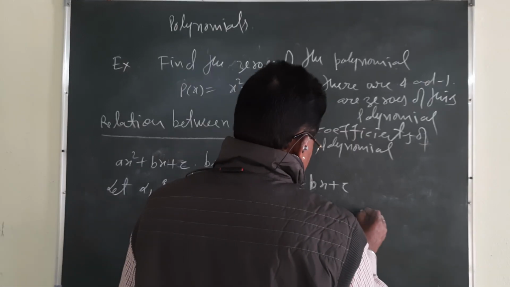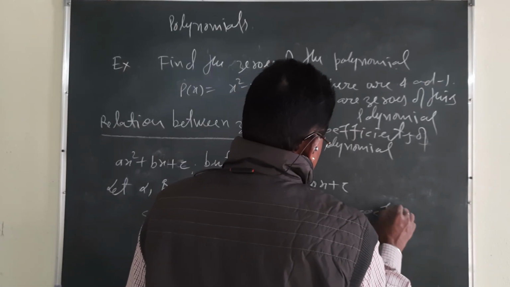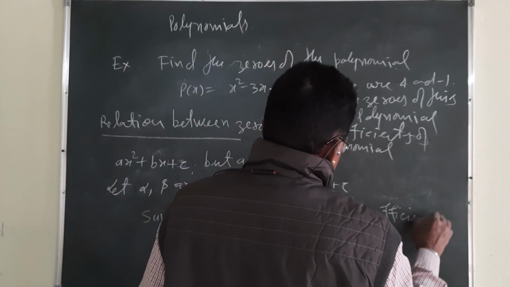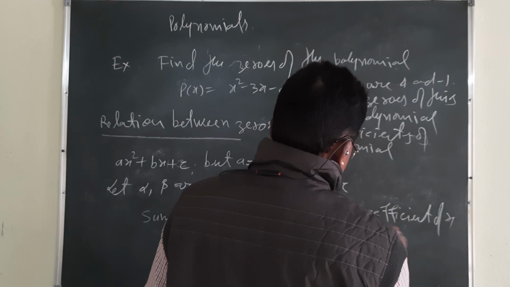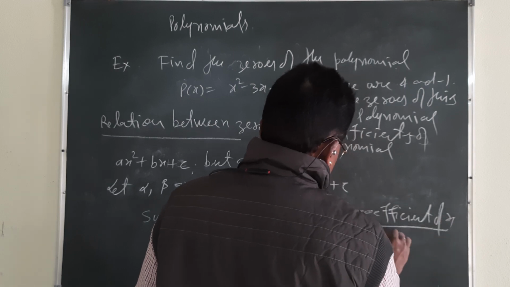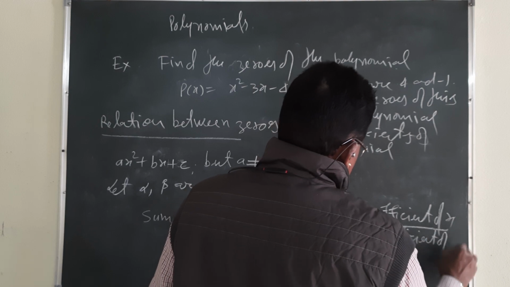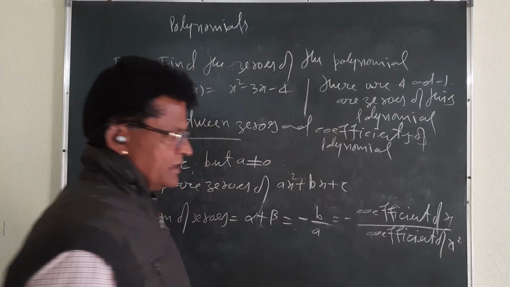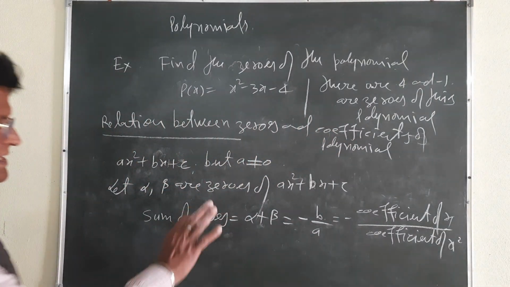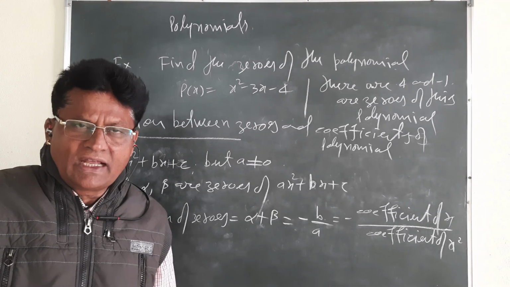I am going to write minus coefficient of x upon coefficient of x square. You must keep in mind this is a very important formula.